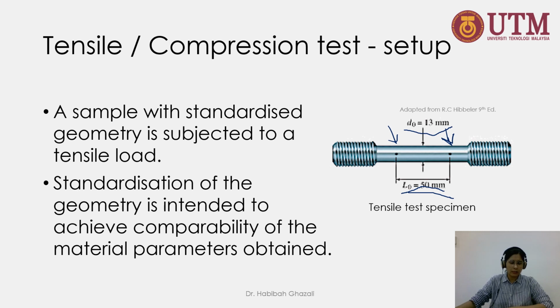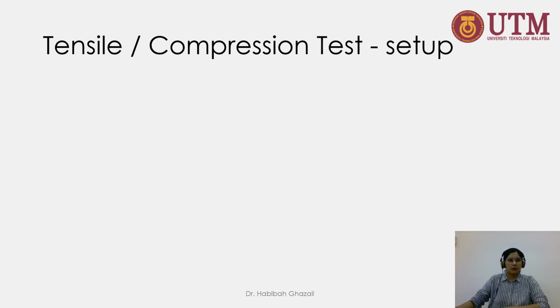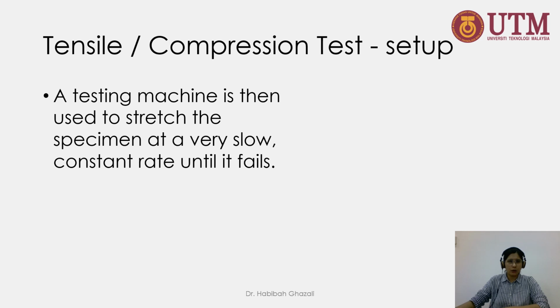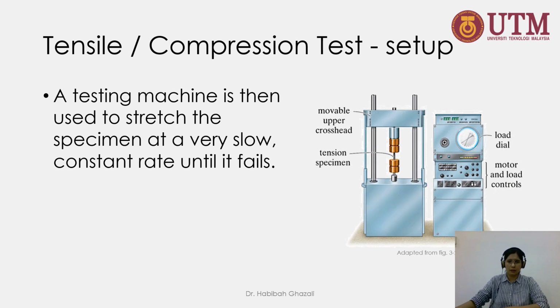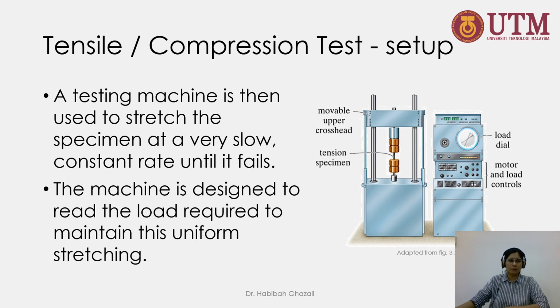So the machine is used to stretch this sample very slowly at a constant rate until it fails. This is the schematic of the machine that is used to stretch these materials. And this machine is designed to read the load required to maintain the uniform stretching.